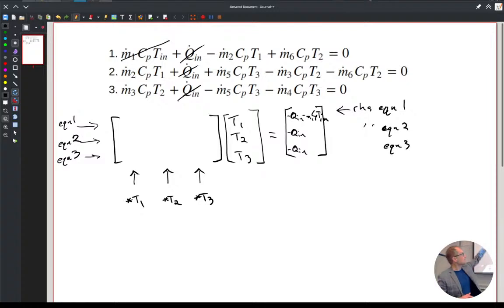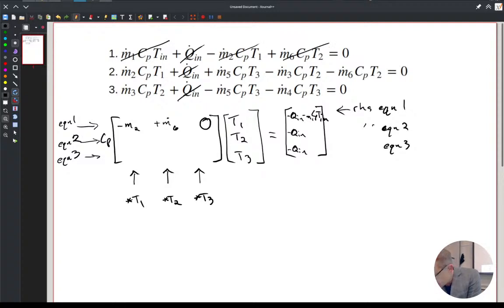Now everything else that's in the equation has a T1, T2, or T3. The T3 is easy in the first equation because it doesn't exist, so I can plug in a 0. For T1 and T2, I've got a negative M2 dot and a positive M6. I'll multiply this whole thing times Cp, just to keep track of the mass flow for each of these.